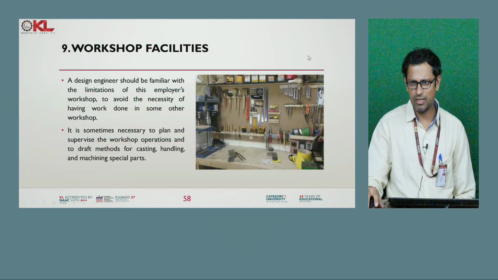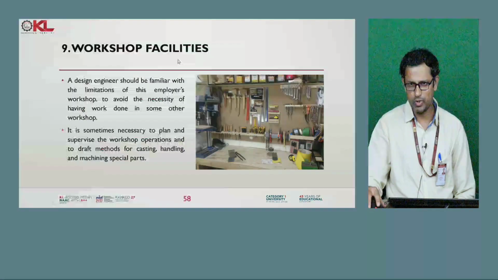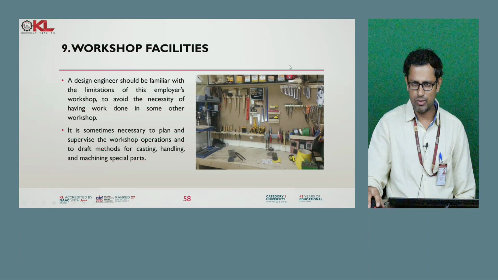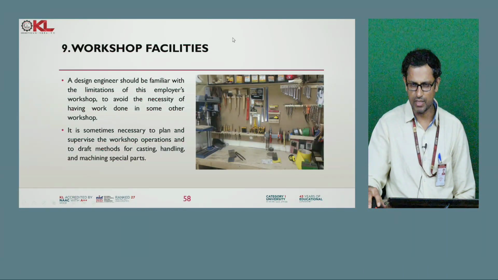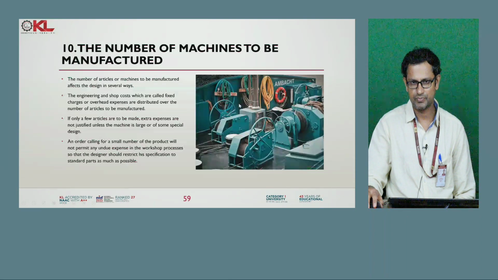Even though that industry has the workshop facilities to produce it, he won't produce it. Why? Because the order quantity is very less. So in order to avoid all those issues while designing a product or process or system, we have to consider the workshop facilities available with you.